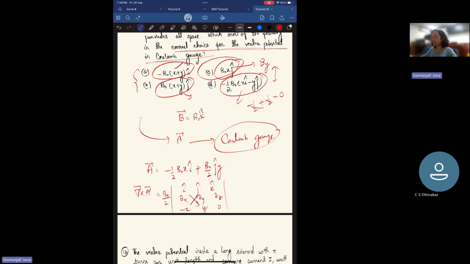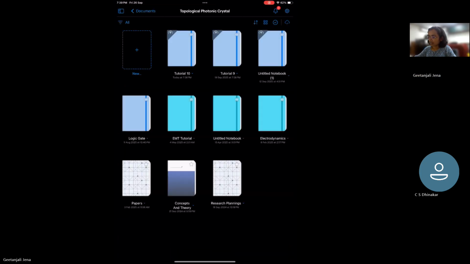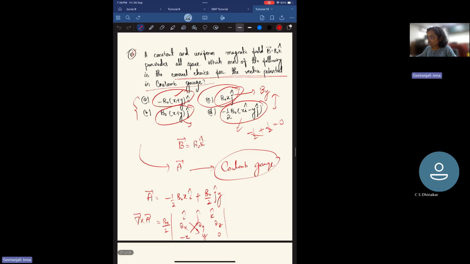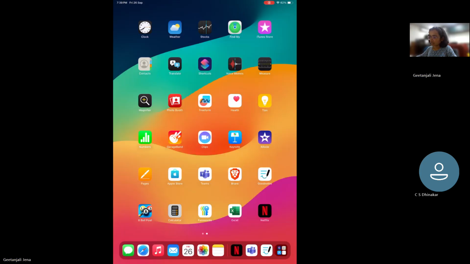Even though it is satisfying the Coulomb Gauss, for this you need to be careful also. So here two of the options are giving the Coulomb Gauss, but only one is satisfying that the magnetic field is B0 k. What is happening?